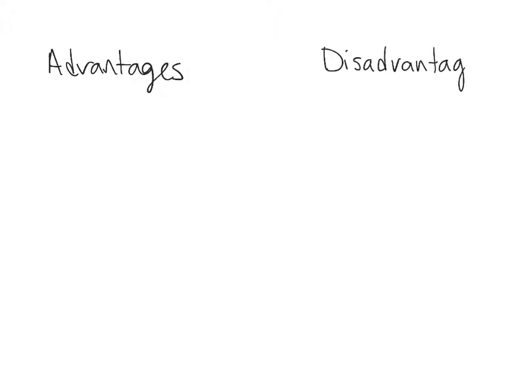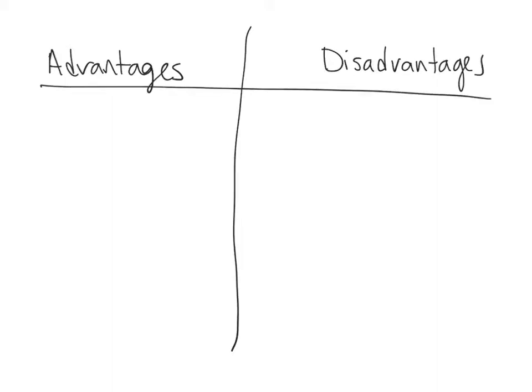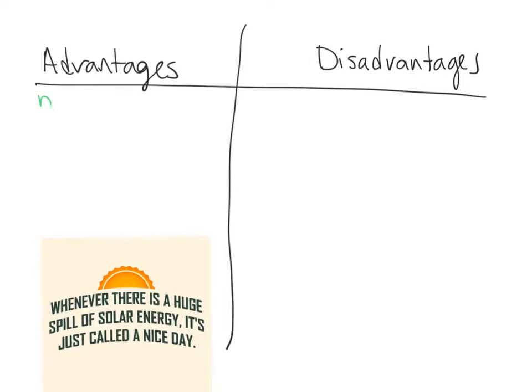So let's talk about the advantages and disadvantages of solar energy. Some advantages: no CO2 gets produced, no air pollution. You can generate hot water and electricity.